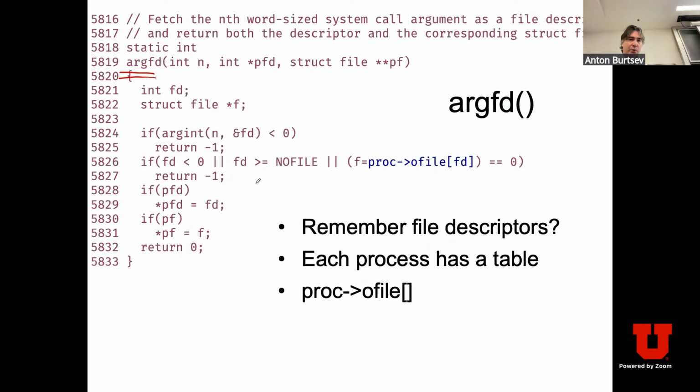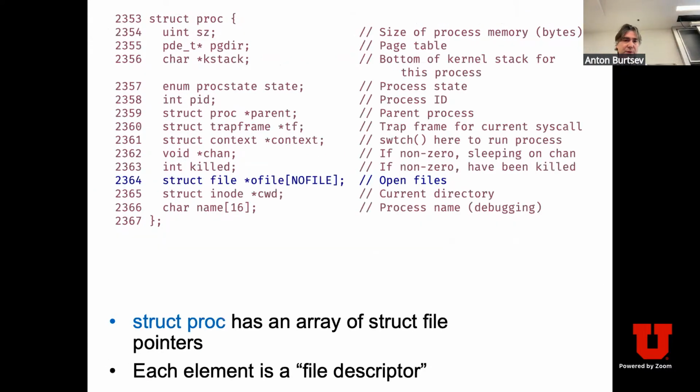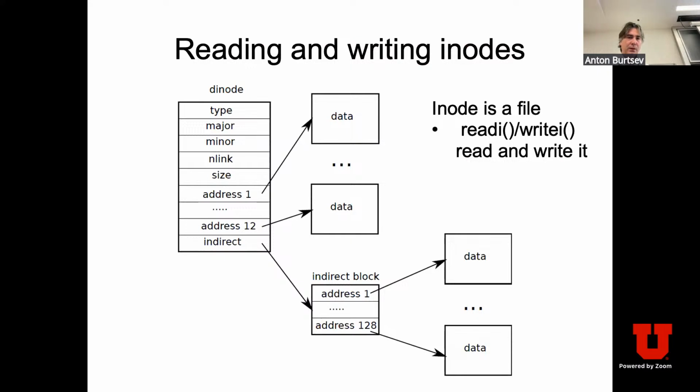You essentially get it from the file descriptor table, which is part of the process data structure. So this is the file descriptor table inside the process. We get the pointer to a file, and internally it gets the pointer to an inode. Let's take a look at how it works.